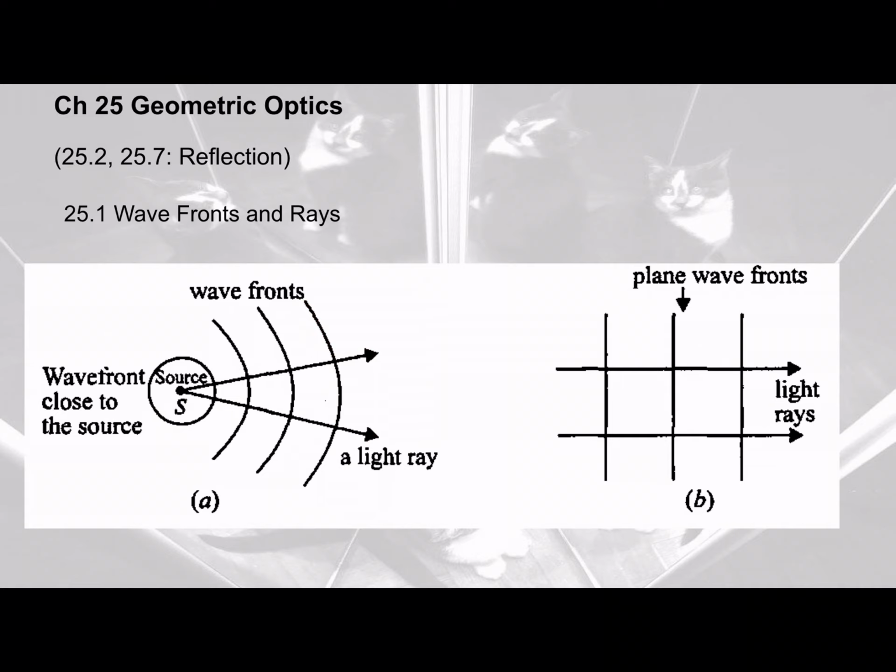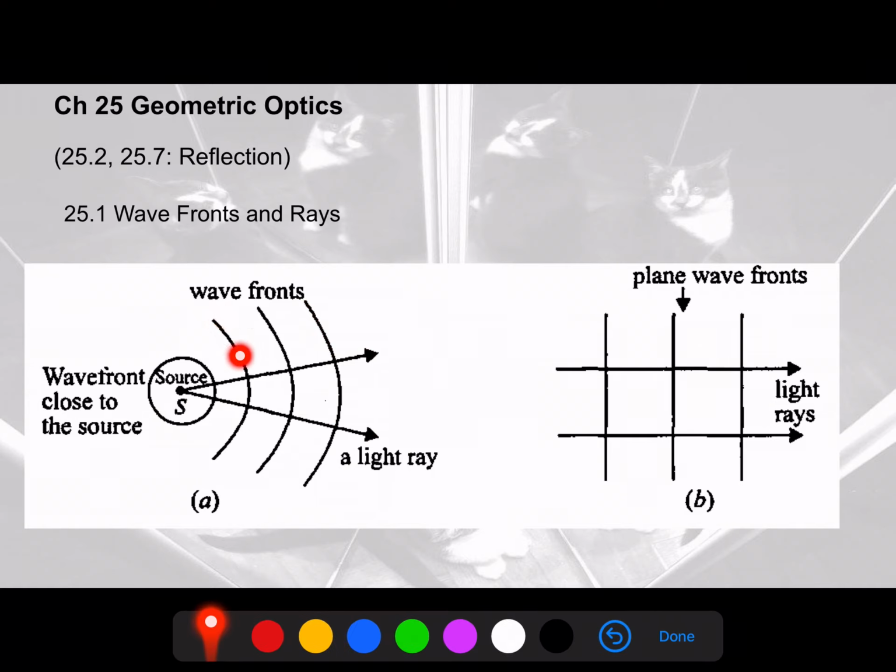So you can imagine a light source giving off electromagnetic radiation that propagates around and dissipates around it. One thing that might be useful to think of is this idea of wave fronts to this electromagnetic wave.